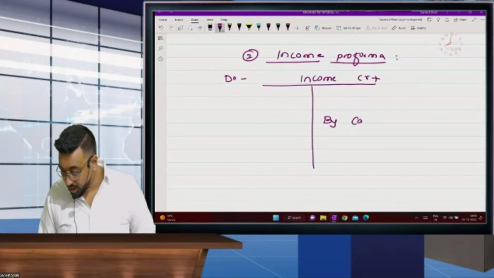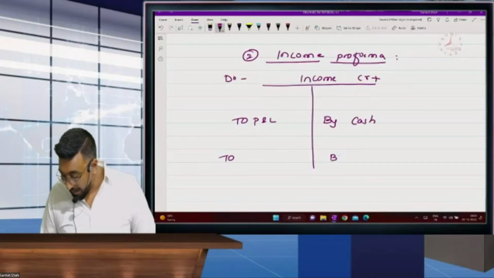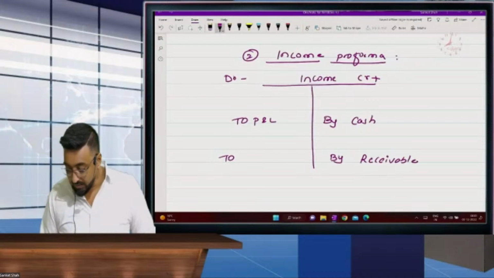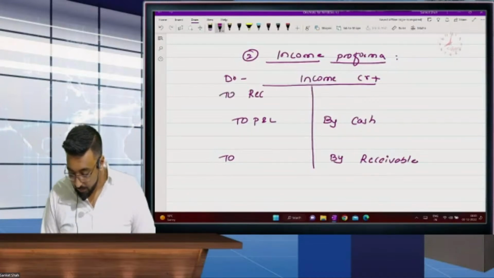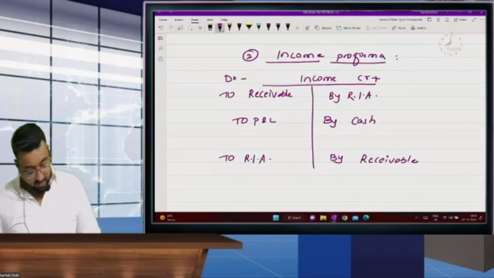By cash, to P&L, by receivable, to receivable, by received in advance, to received in advance.